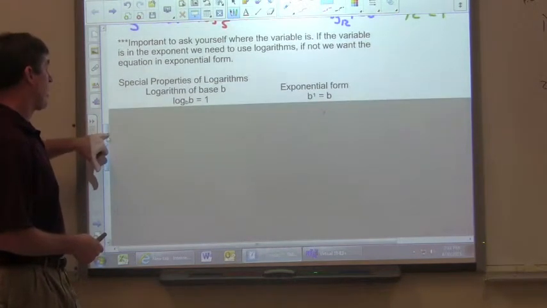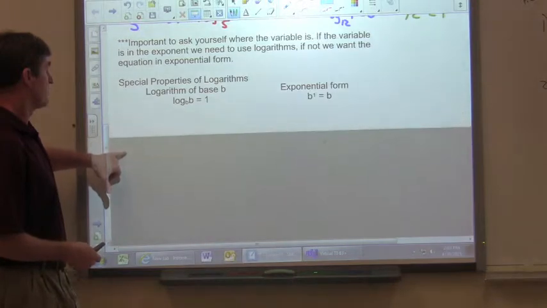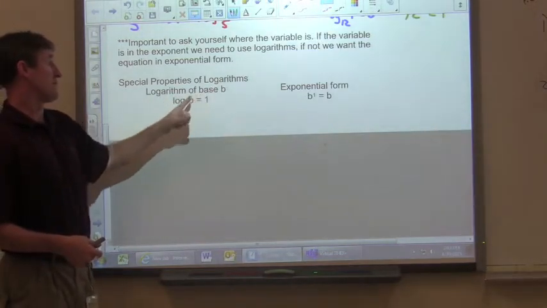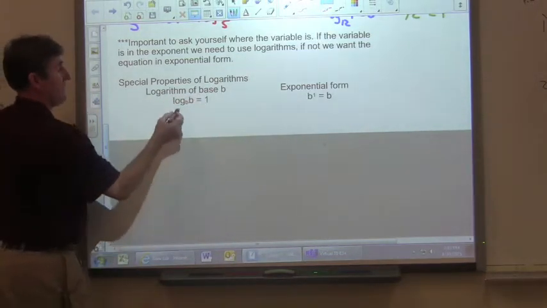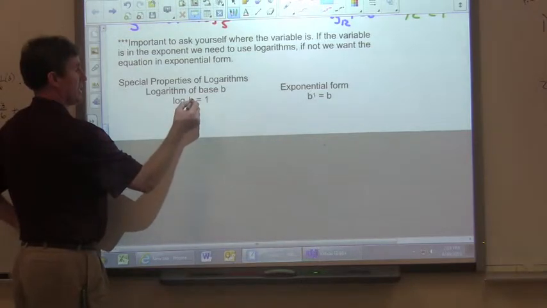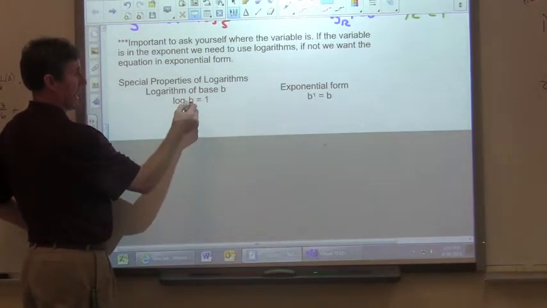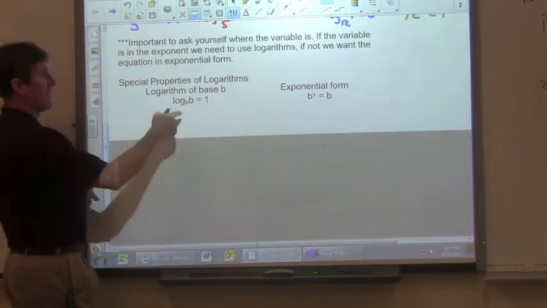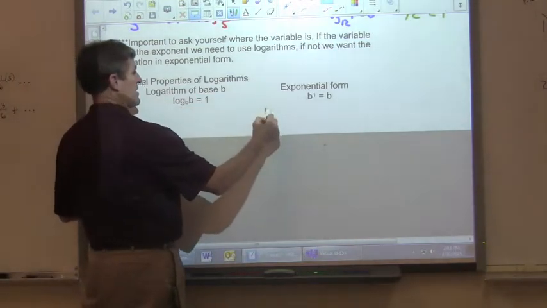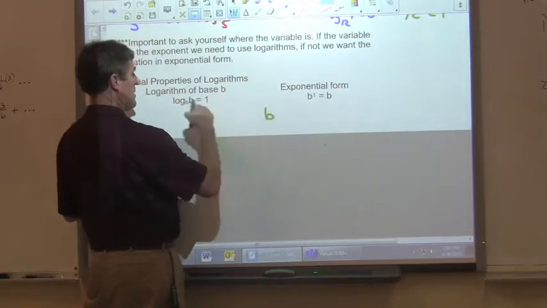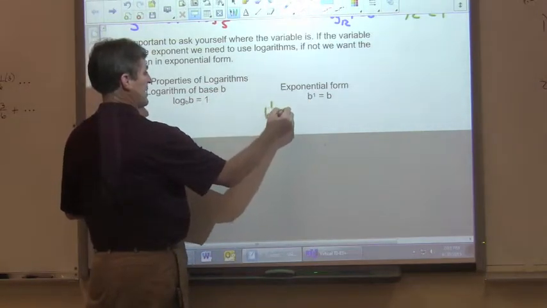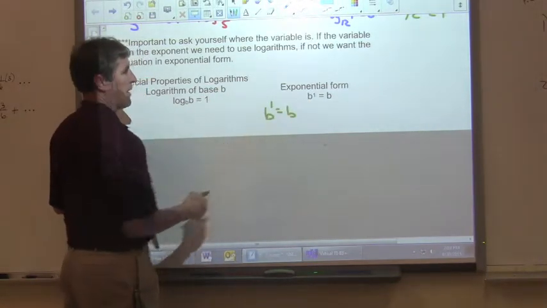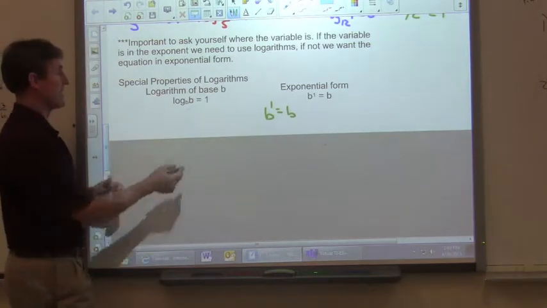So, a couple special properties of logarithms. Logarithms of base b. Okay? If the base is the same as the answer, then our exponent is 1. Which, if you think about it, if I put it in exponential form, base, exponent, answer, anything to the first power is itself. So it kind of makes sense.